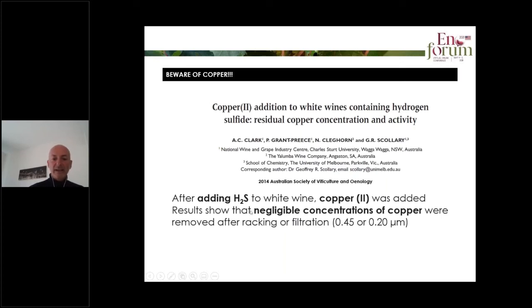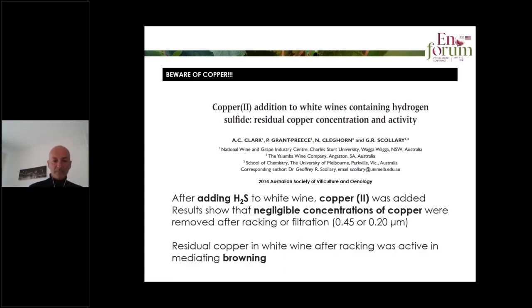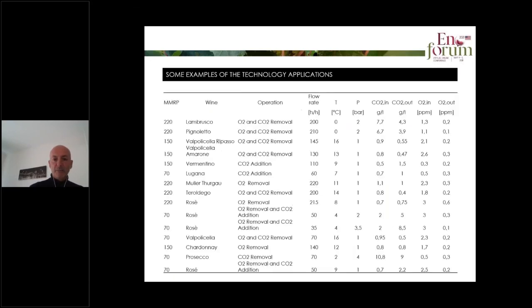So the result is that they found negligible concentration of copper, which means that copper does bind to the mercaptans, but it stays in solution. And then it is possible that over time, the mercaptans are released from the copper. And also they found, well, this is quite known, that the residual copper in white wine after racking was mediating the browning.